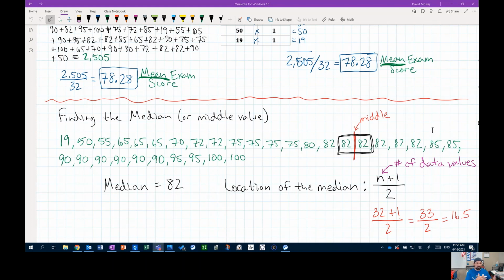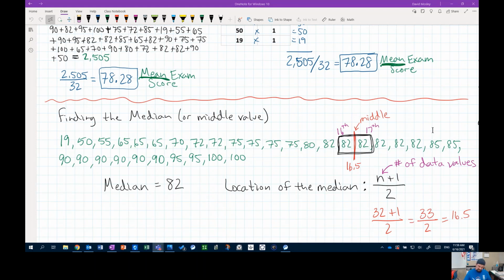That number is where the median is. So if I count, just like I did in this set here, to the 16th and a half number, which is the middle between the 16th and 17th value, that is the location of the median.